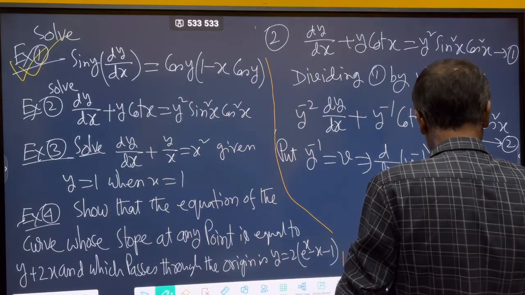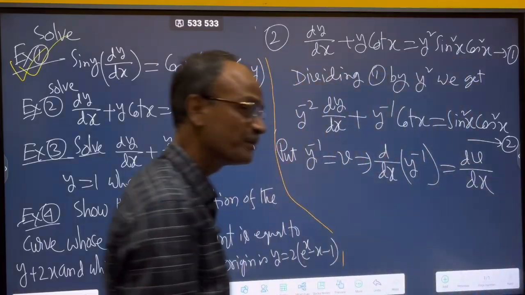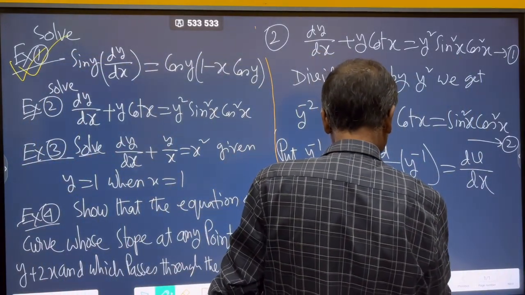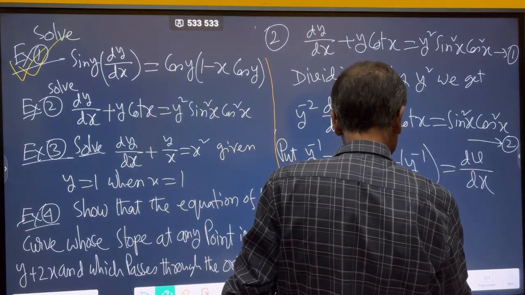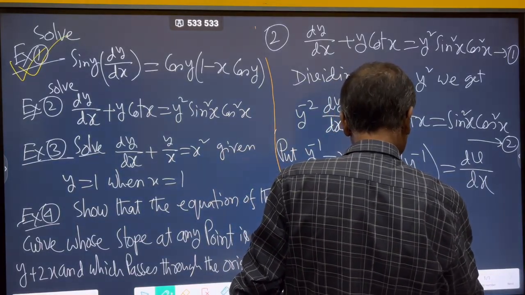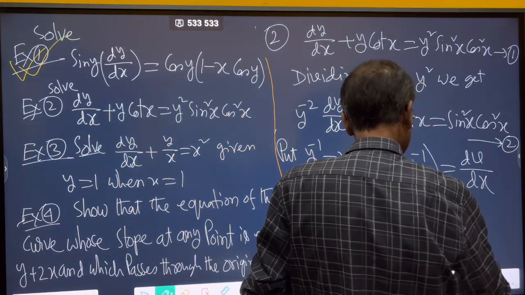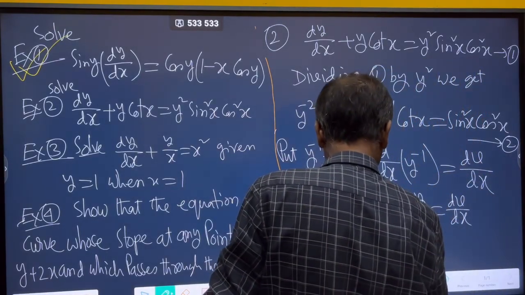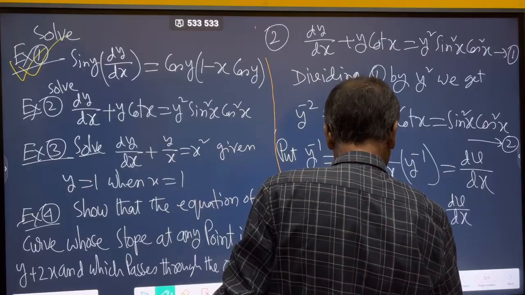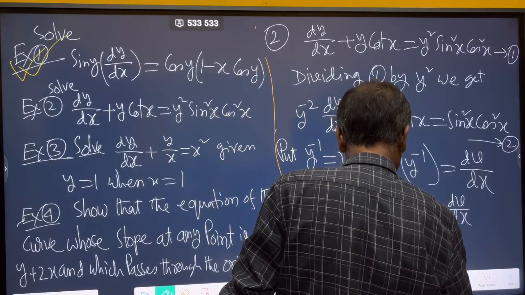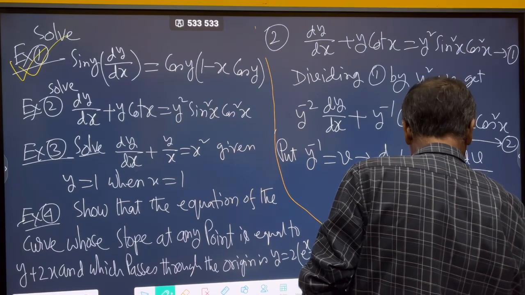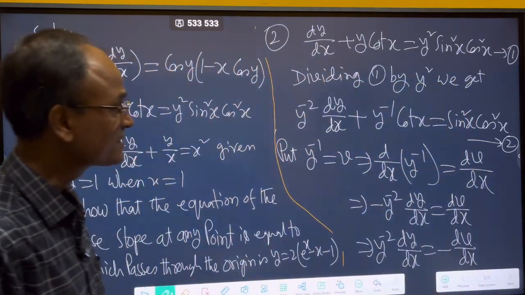You will get minus y to the power minus 2 dy by dx equal to dv by dx, or y to the power minus 2 dy by dx equal to minus dv by dx.